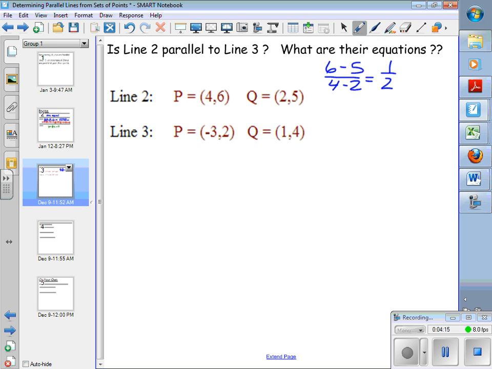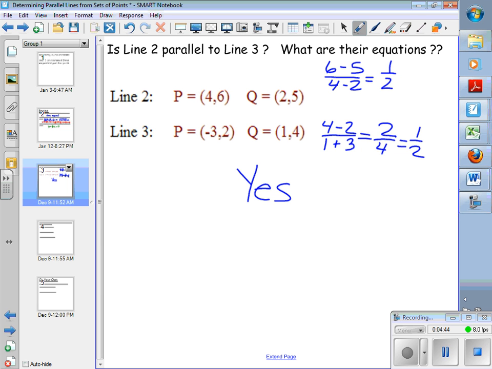And then we're going to do 4 minus 2 and 1 plus 3. Is that correct? And we get 2 over 4, which gives us 1/2. So the answer to this is yes.